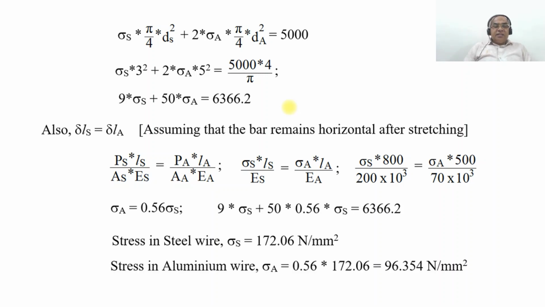Once you get that, the stress in the aluminum wire will be 0.56 into sigma_S, which is 0.56 into 172.06. On simplification, you get 96.354 Newton per mm square.